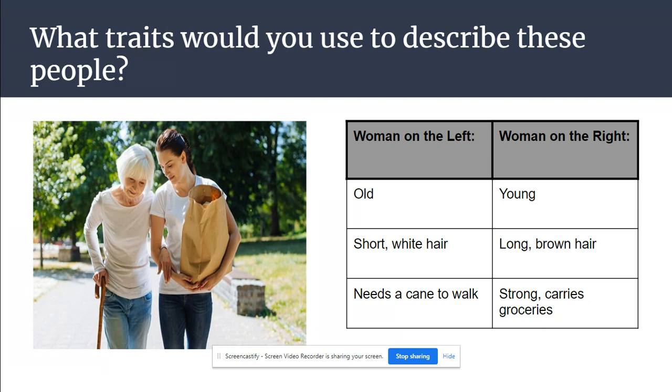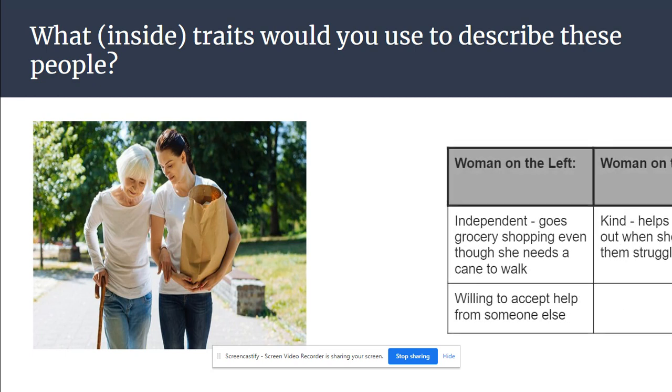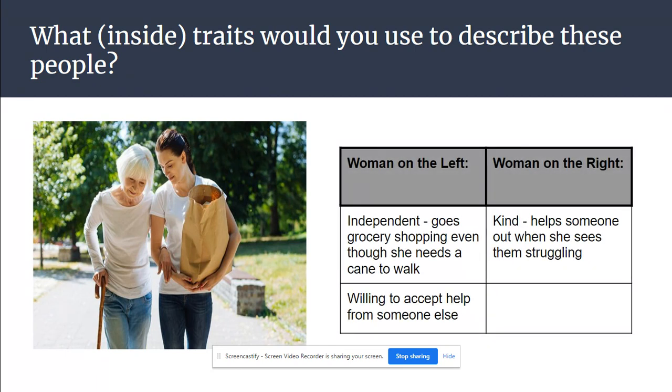And just by looking at this picture, we can tell a lot about them on the outside. But what we want to be able to do is interpret what characters are like on the inside based on information that an author gives us. So in this picture, we could say a couple of things about the inside, even though there's no words in the picture. We could say the woman on the left is independent, right?